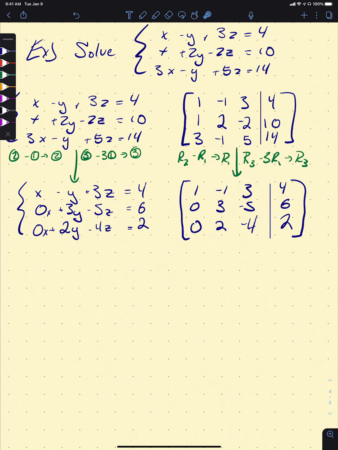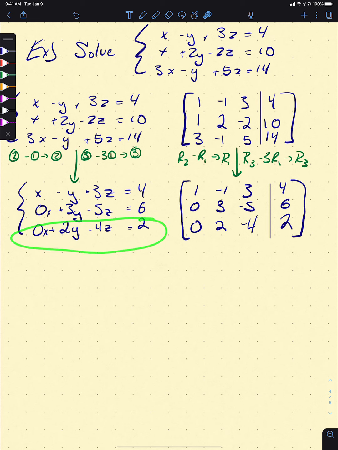Notice how, since these steps are the same, this is now our augmented matrix for this system. When we think about what we want to do next, our first thought might actually be to manipulate this equation. But what I want to draw your attention to is this 5. It makes it a little frustrating to deal with.